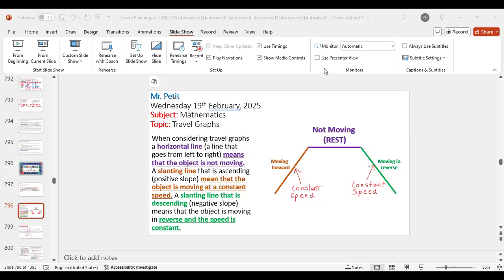So let's go ahead and study this particular diagram. Please draw the diagram to the best of your ability. It doesn't have to be perfect, but it just has to be there.